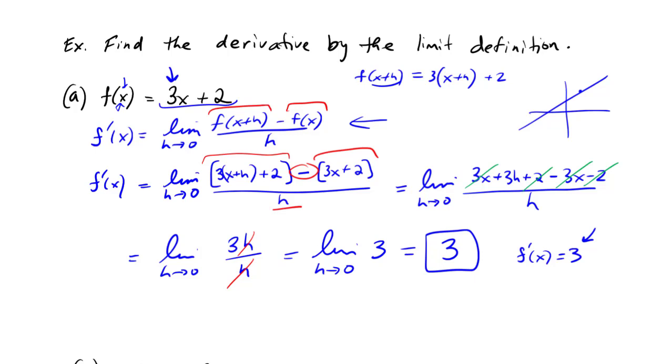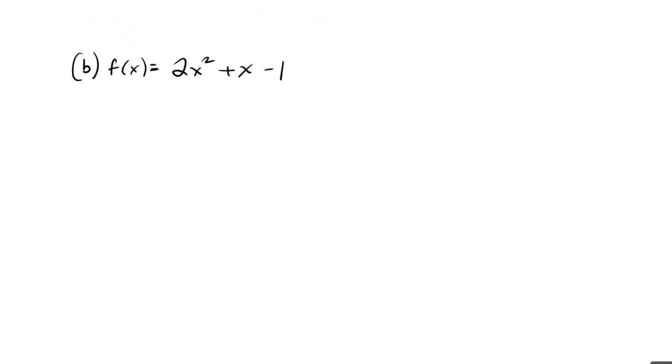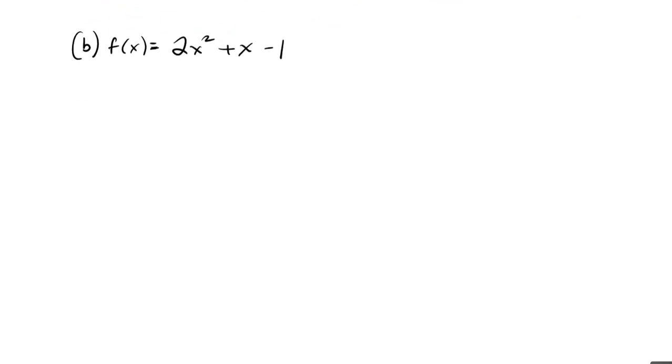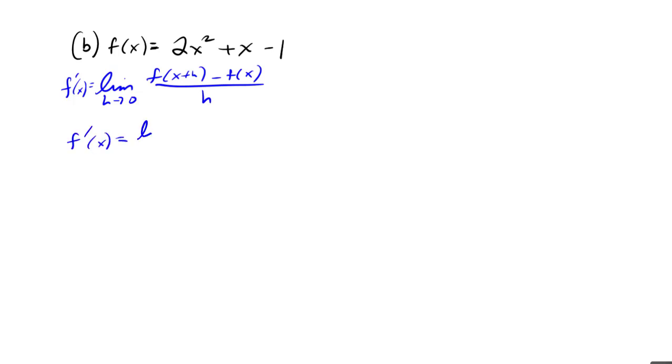Of course, we want to do something more general than that. So let's go to another example. Let's now do it with f of x equals 2x squared plus x minus 1. Write that original f prime of x is the limit as h approaches 0 of f of x plus h minus f of x over h. So I apply the function.